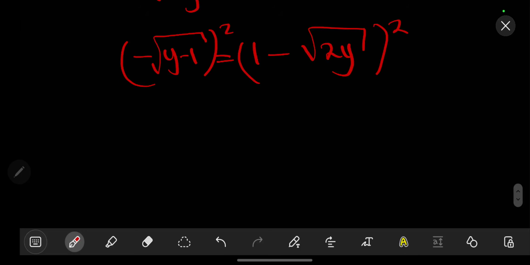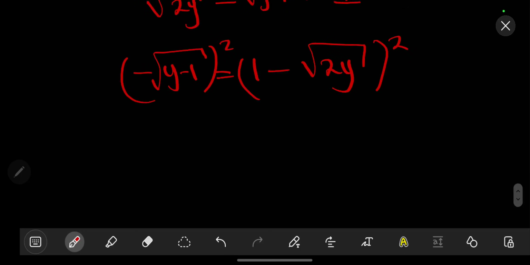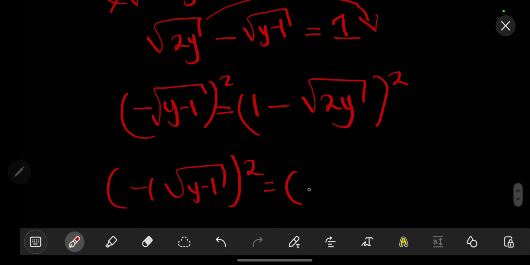So this gives us a value of, here this is the same as having a negative 1, then the square root of y minus 1, squared, should be equal to this here, it means we have 1 minus the square root of 2y times 1 minus the square root of 2y.